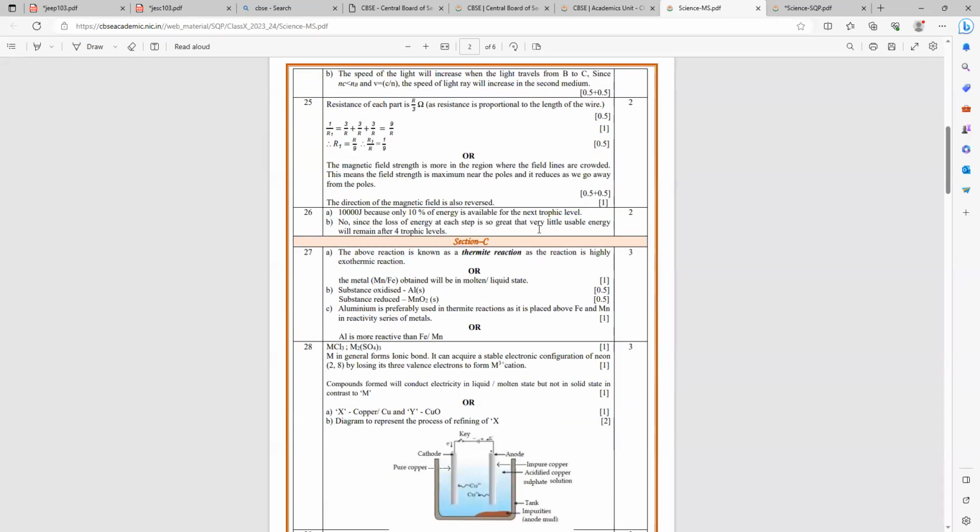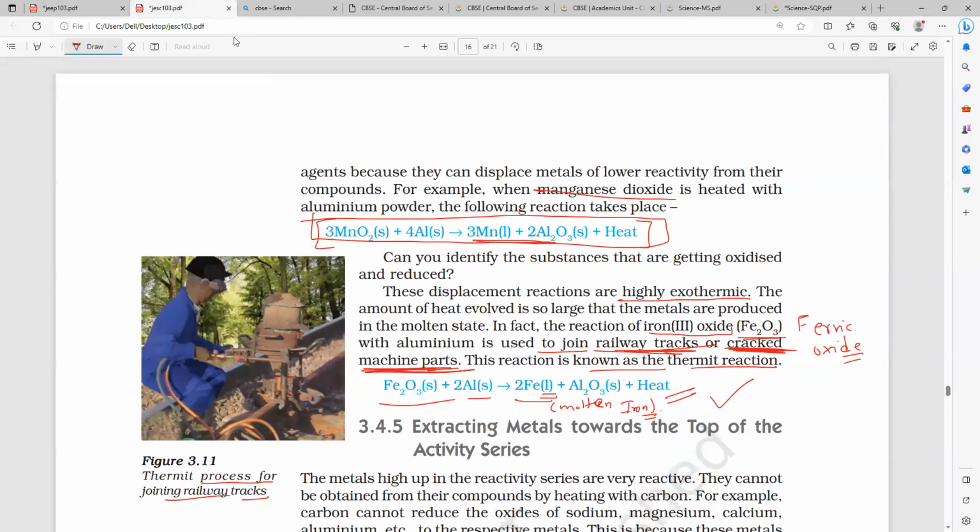The reaction is known as a thermite reaction because it is a highly exothermic reaction. In the book you can see that these displacement reactions are highly exothermic reactions. Because of this, they are called thermite reactions. Both are called thermite reactions.